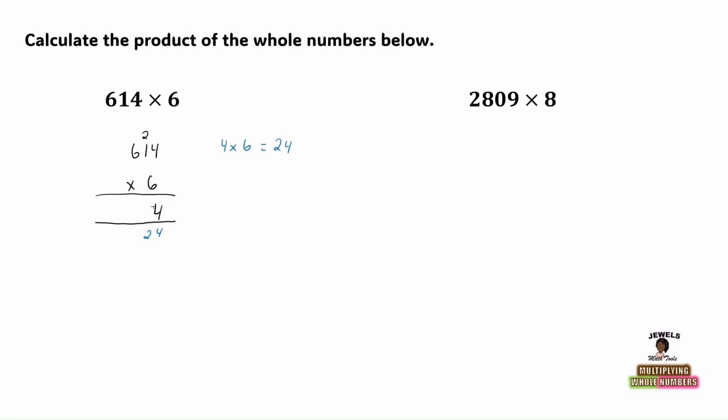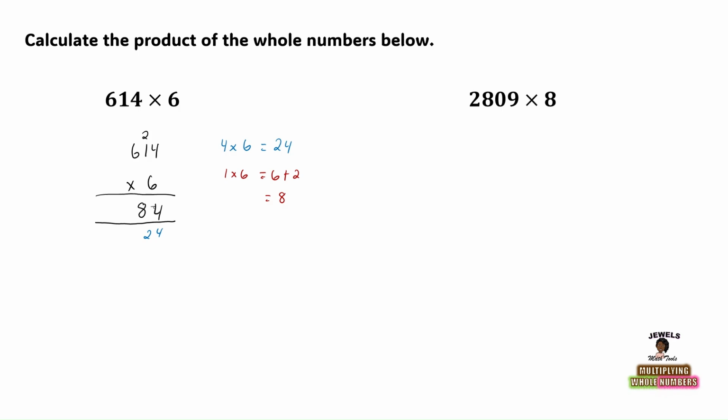So now to repeat our steps again, we now have 1 being multiplied by 6, which is equal to 6. And because there is a 2 also in the tens column, I will add the 2 to 6, which will equal to 8. And since 8 is a single digit number, that entire number will be written on the line.